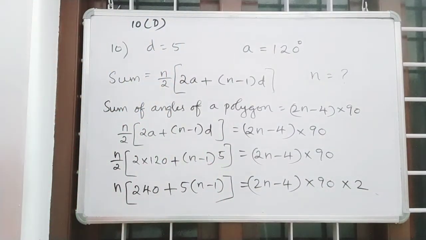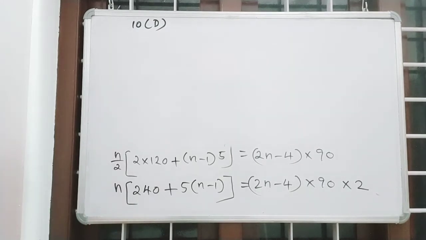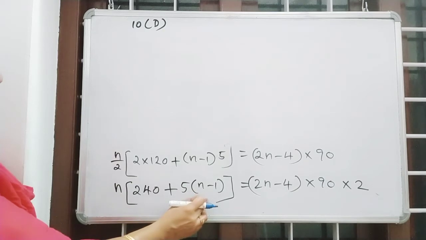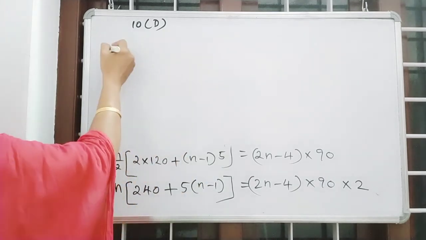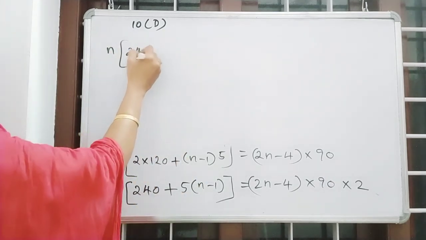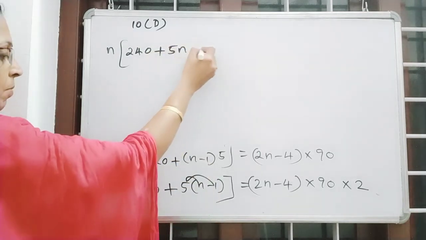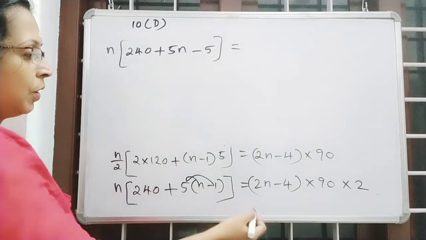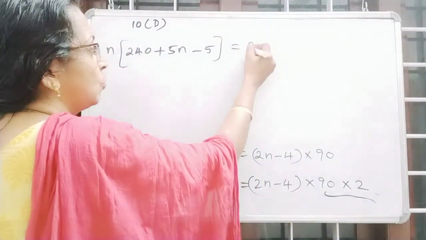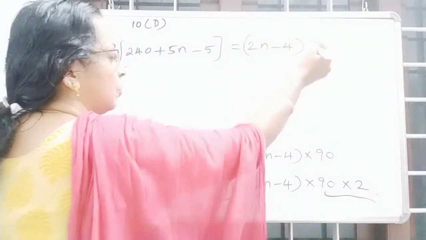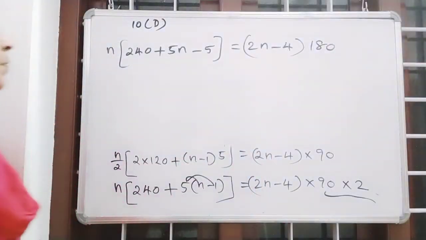Up to this clear? Got all of you? So next we want to change the brackets. So 240 into n. Or before changing the bracket with the n, first we can change the bracket with the 5. So n into 240 plus 5n minus 5 is equal to, this we can multiply, so 2n minus 4 into 180.